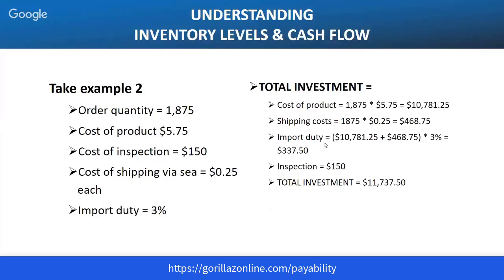Now the duty is paid on the cost of goods plus the cost of shipping, unfortunately. So there you go. So a total of 3%, and again, this is an assumption. Like I said, it will vary depending on what product you're bringing in. Is 375.5. Inspection 150. So our total, if you tally all of that up, total investment of $11,737.50.